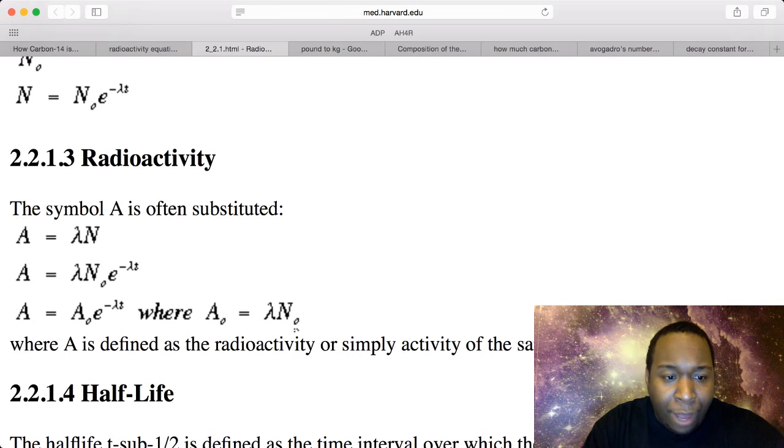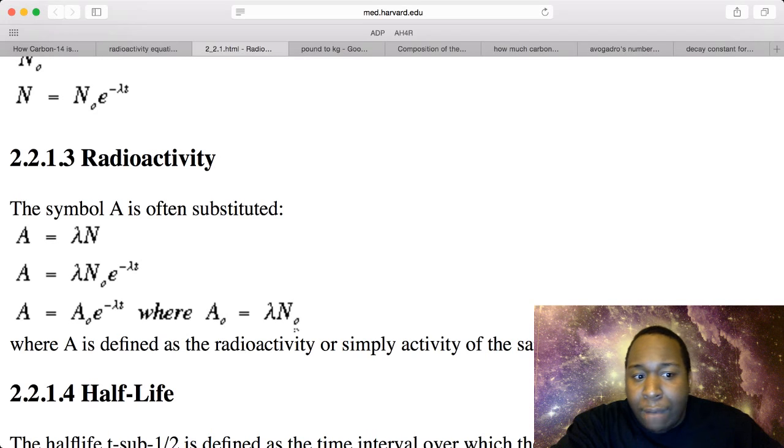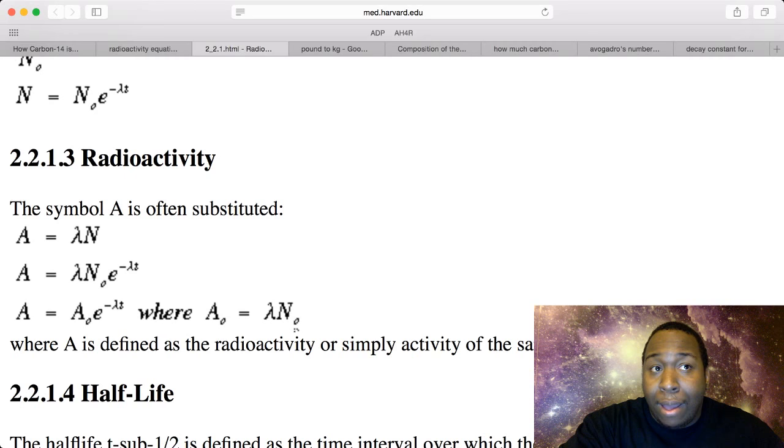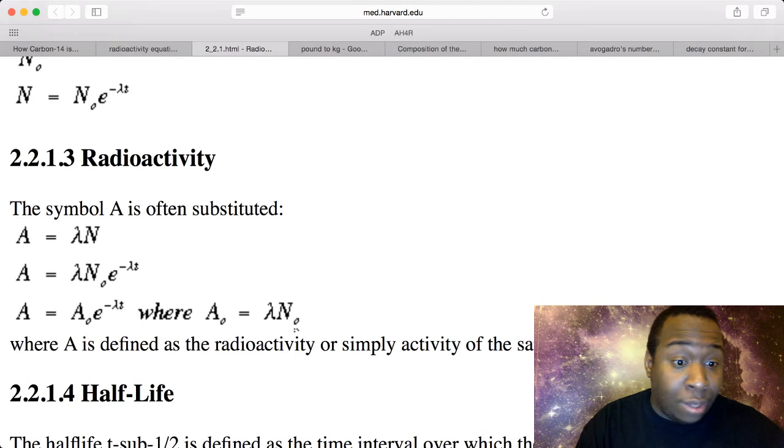But my whole plan was to see how much time must elapse for the activity to drop down to 1 decay per second, and then compare that to how many half-lives it would take for the substance to get down to just 1 carbon-14 isotope left. But we can definitely calculate the activity after 2,000 years.